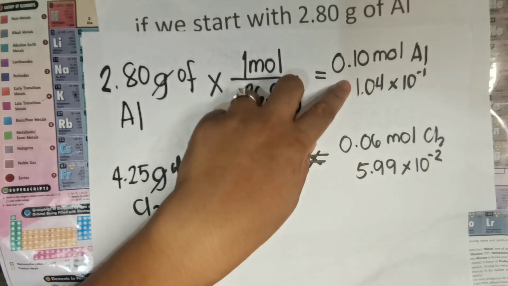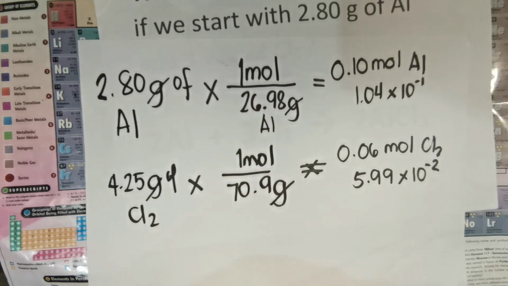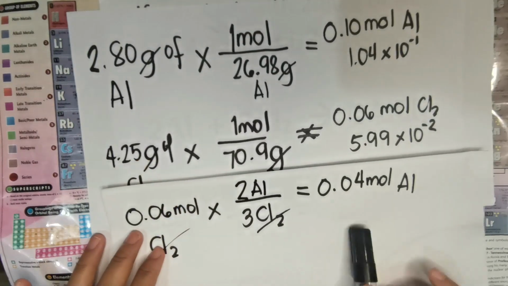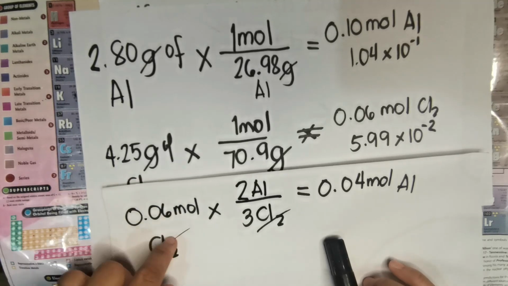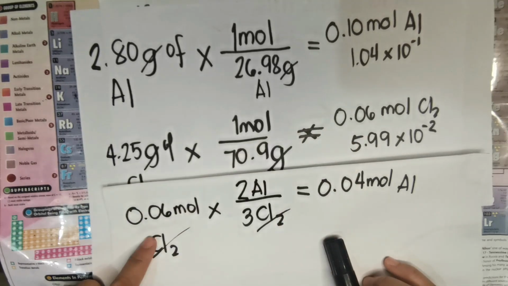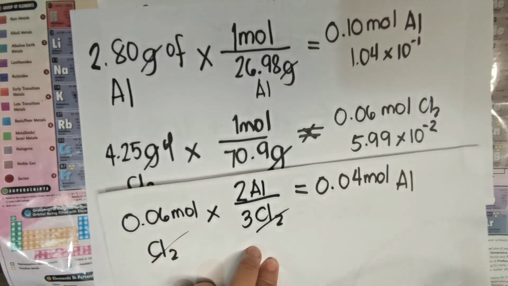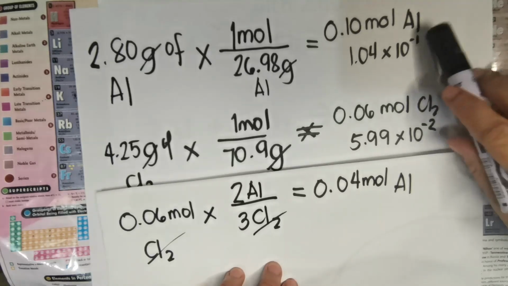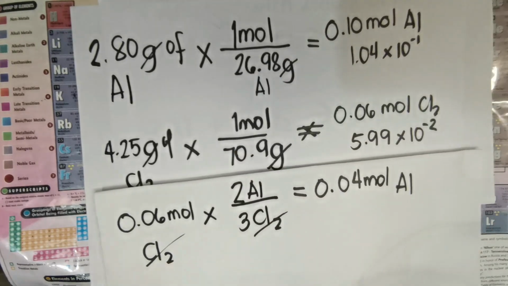So, meron tayong 0.10 mole of aluminum at meron din tayong 0.06 mole of chlorine gas. So, from this, dito sa computation na to, ang magagamit natin is lahat ng chlorine gas na 0.06 mole of chlorine gas at ang magagamit naman natin o ang kakailanganin natin from this ratio is 0.04 mole of aluminum, which is kayang i-provide ni aluminum kasi meron tayong 0.10.